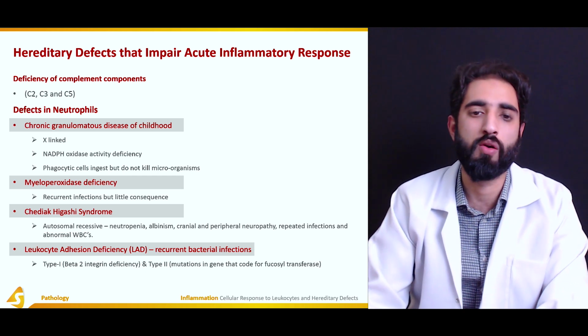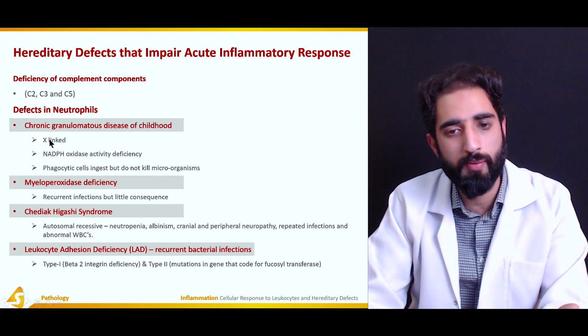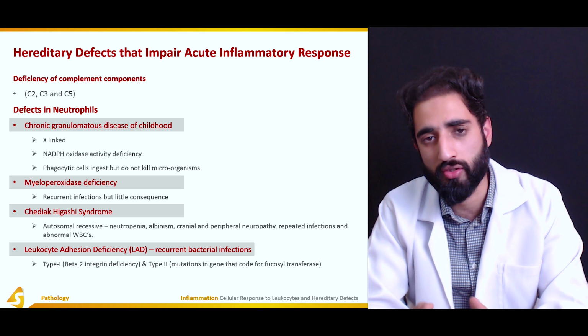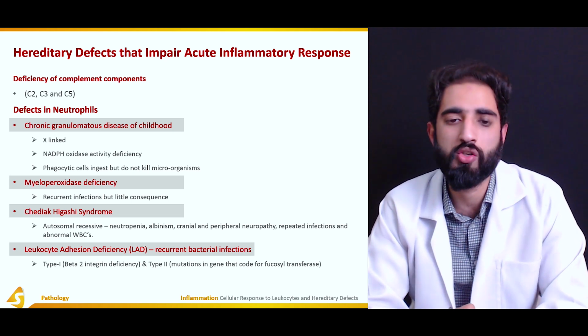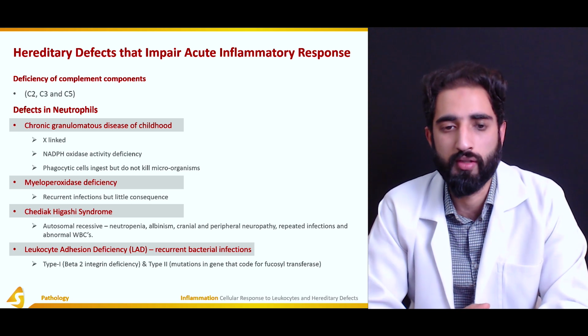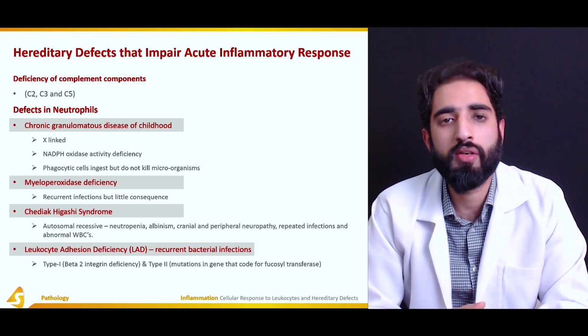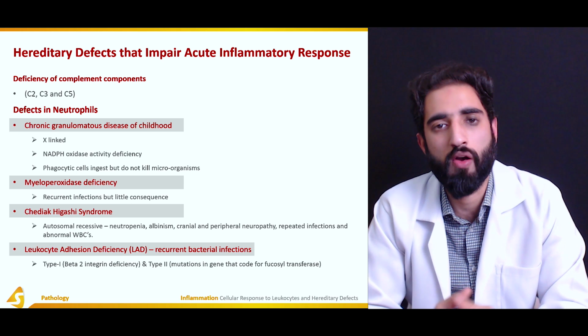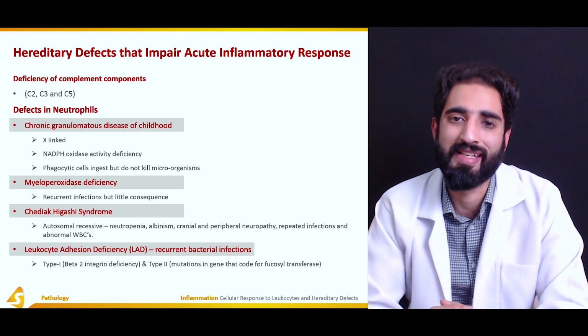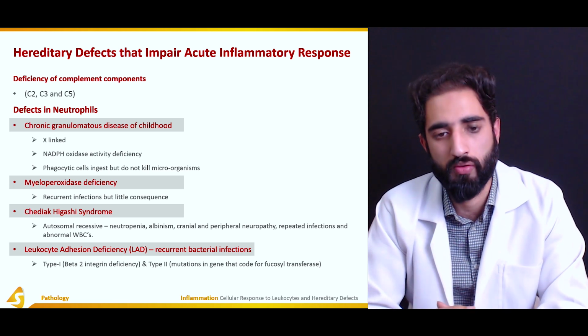It can be either because of the deficiency of the complement system components such as C2, C3, and C5, which are actually the mediators of inflammation, or it can be because of defects in the neutrophils, such as chronic granulomatous disease of childhood, which is an X-linked disorder. So it is genetic and hereditary.